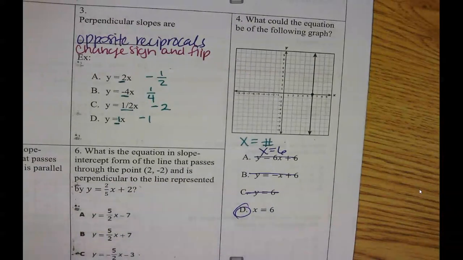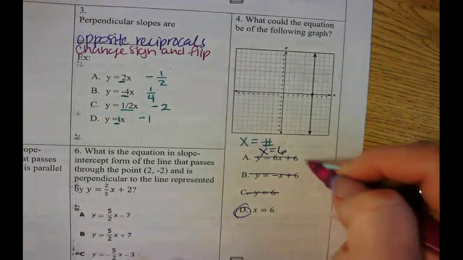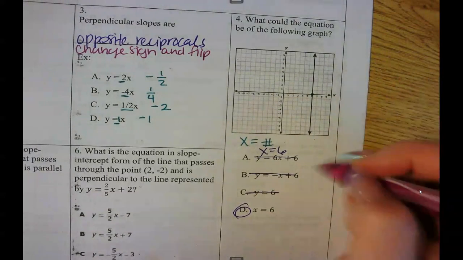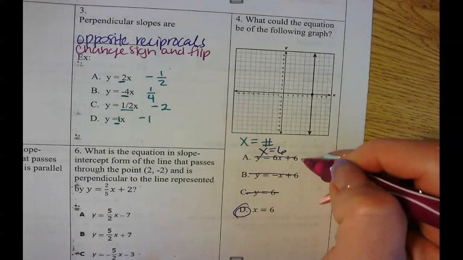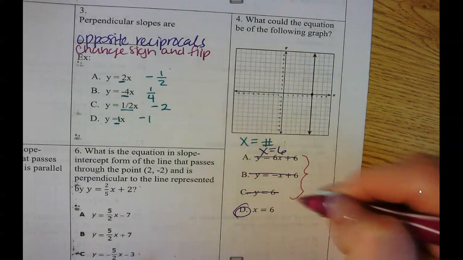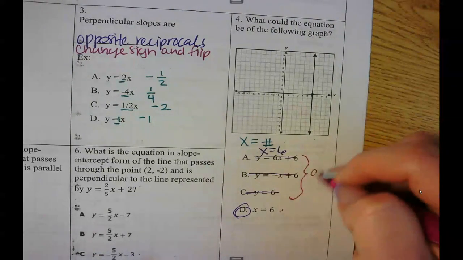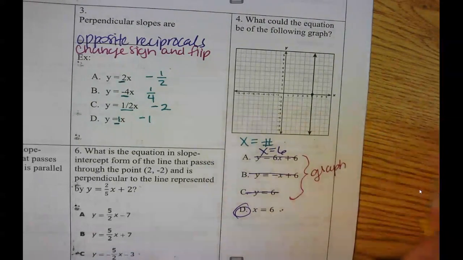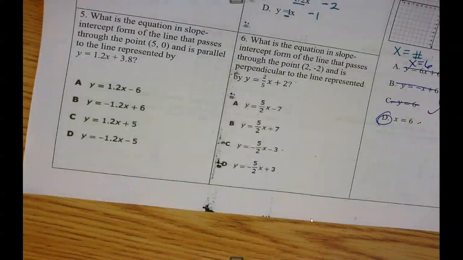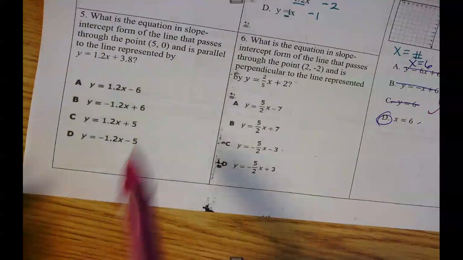If I get one that looks like this, and we got a bunch of y equals for my answer choices, and I can't remember that it's an x equals line, then you can graph these and see that they're not the same.